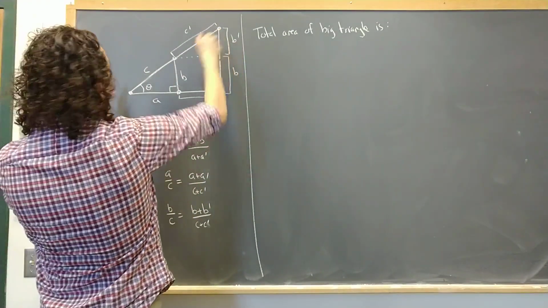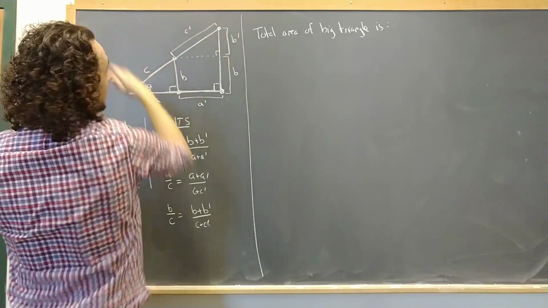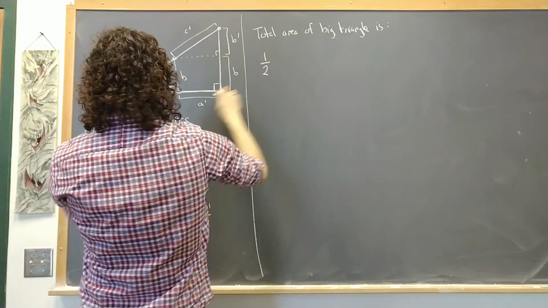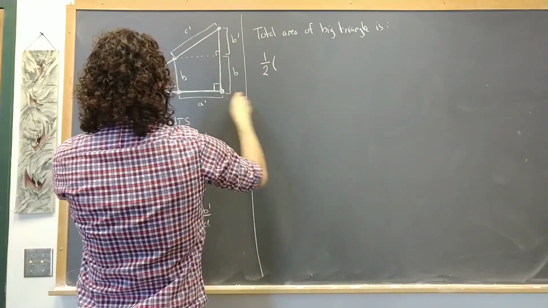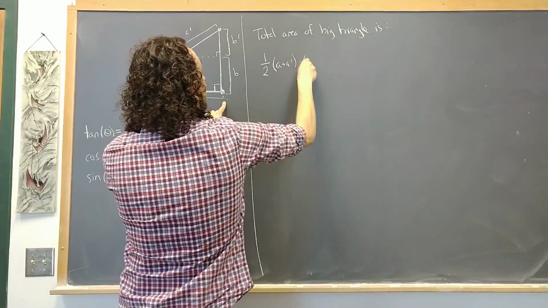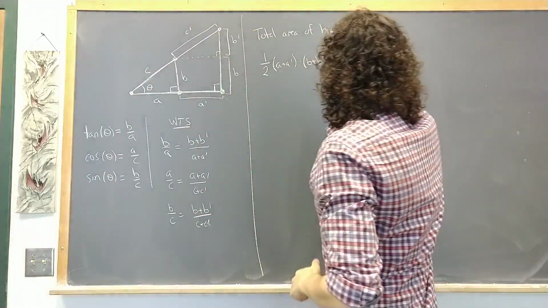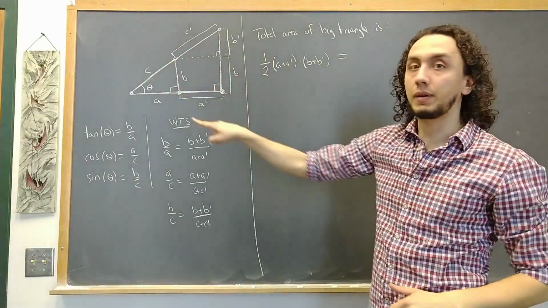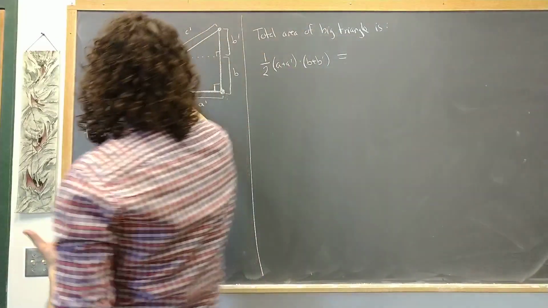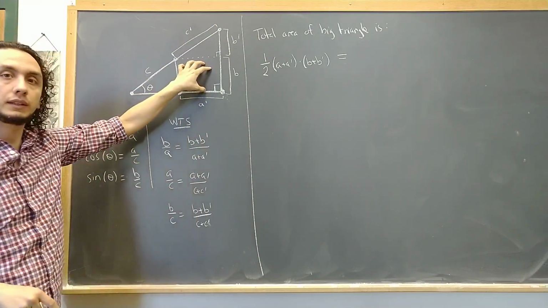I can calculate its area simply as a triangle, in which case it's half of a rectangle, so it's equal to half the length of this side, A plus A prime, times the length of this side, B plus B prime. But another way of calculating this same area is by observing that it's made up of three subregions: a triangle, another triangle, and a rectangle.